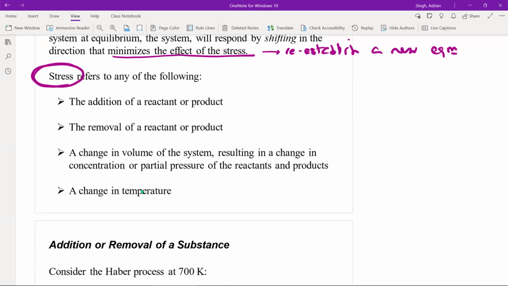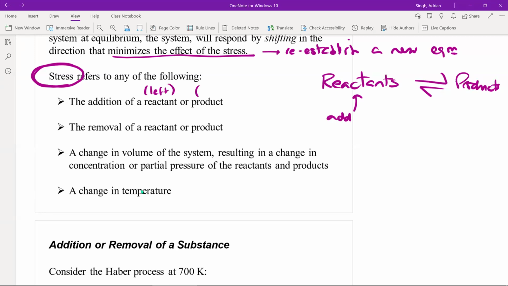So just remember now, when we deal with our chemical reactions by default, we have reactants on the left and products on the right side. Even though this is a reversible process, we're still going left to right by convention. So we can add stuff to the left side, right? So the reactant side here is the left side. The product side is the right side.